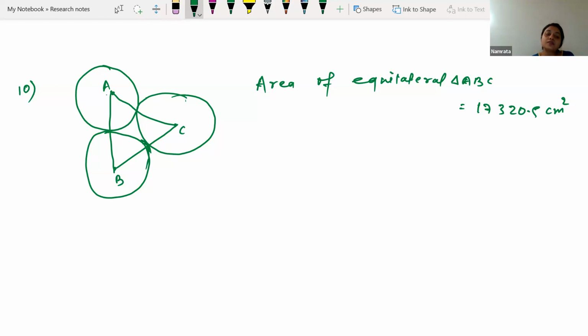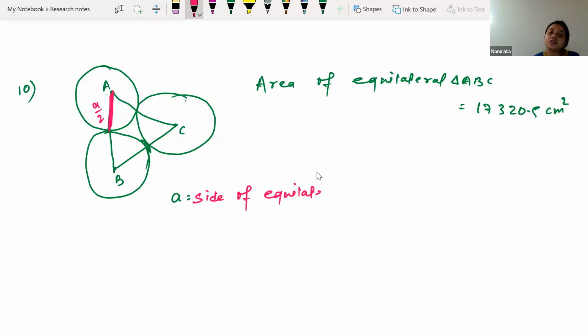So if A is the side of the equilateral triangle, then the radius of each circle is A by 2.